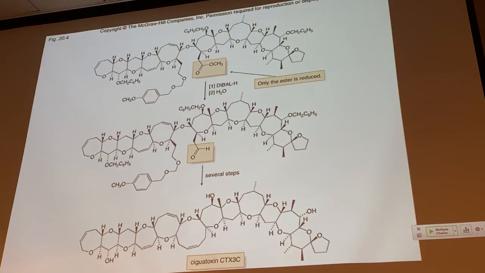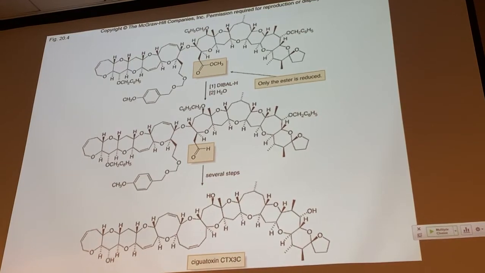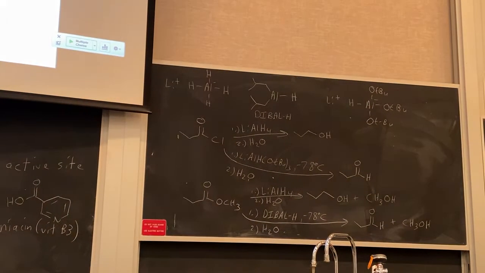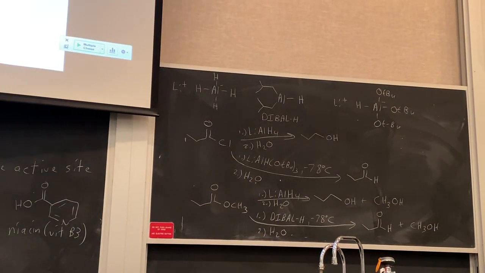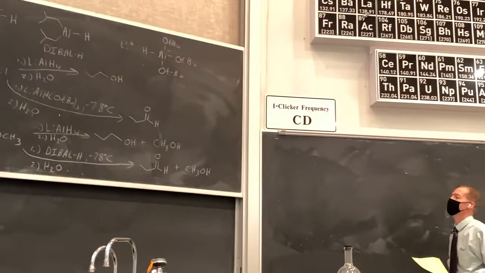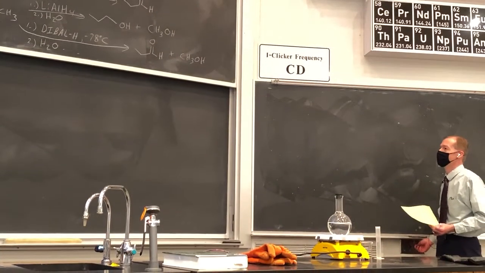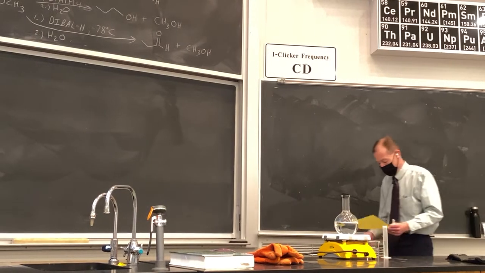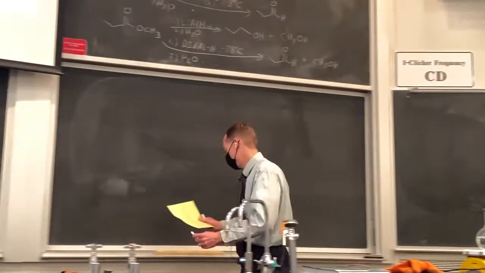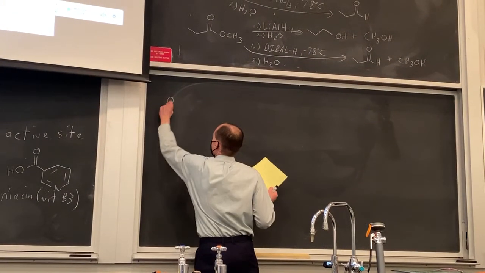All right, so these are 2 of our carboxylic acid derivatives, the acid chloride and the ester. What about reductions of carboxylic acids and amides? Those reductions are complicated by acid-base chemistry.